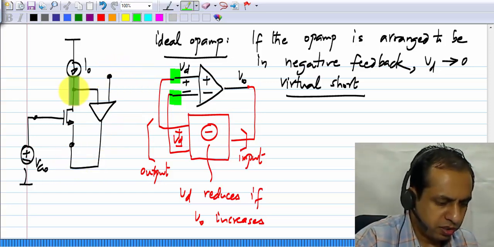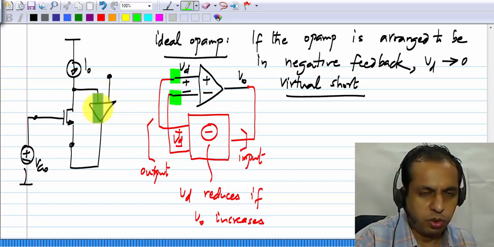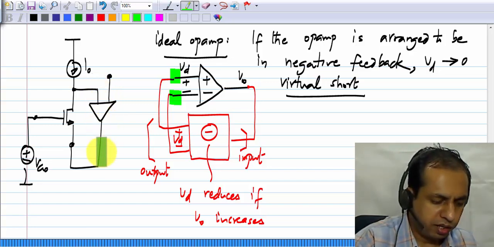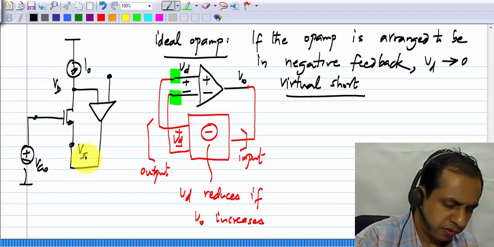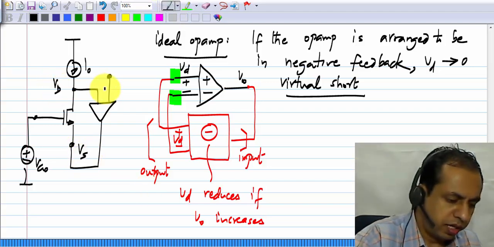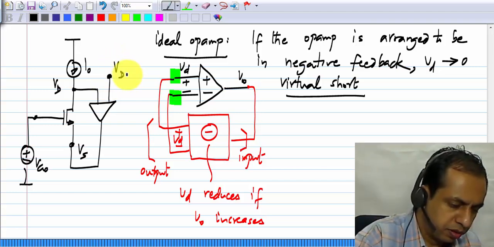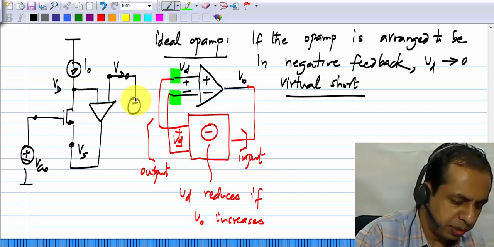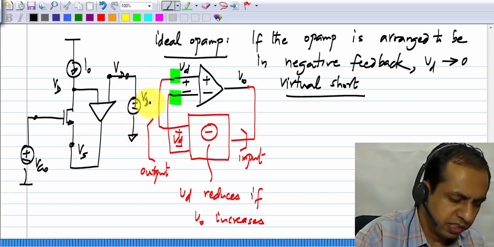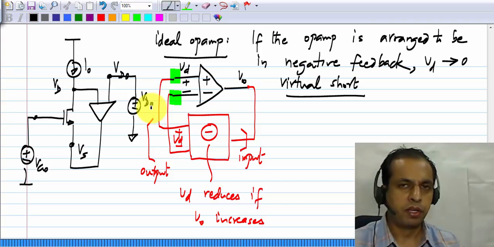What I did was, I took the drain voltage, fed it to one of the inputs of the op amp, and drive the source with the output of the op amp. Okay, and this other input of the op amp, I call it VD0. Basically, it's some fixed bias voltage as far as I am concerned right now. This is VD0.